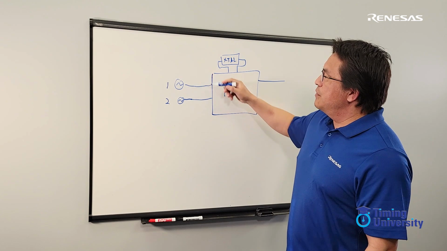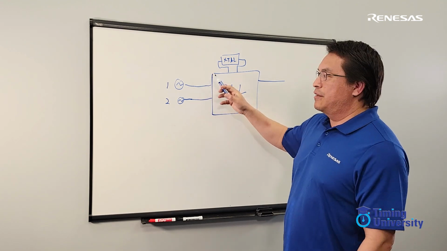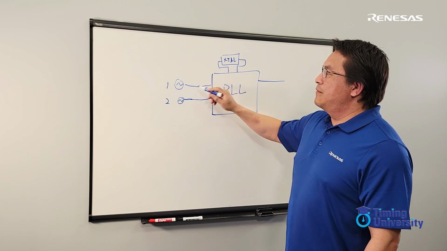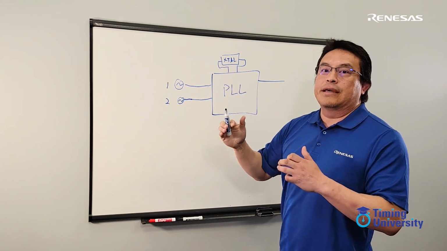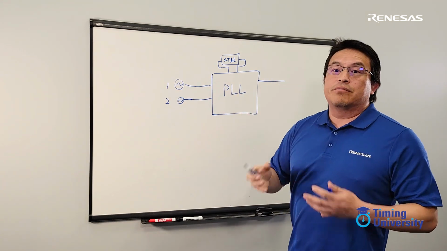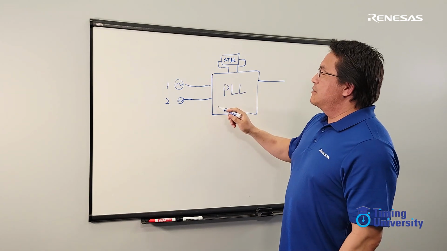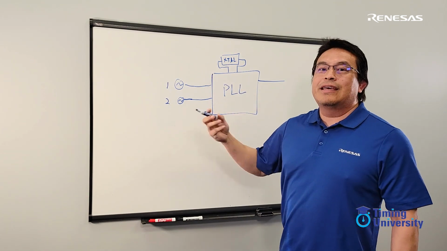During this automatic, revertive switching, if the phase difference between the first clock and the second clock is very big, then the output phase will also be affected during that switch. To help minimize that, we have what's called hitless switching.